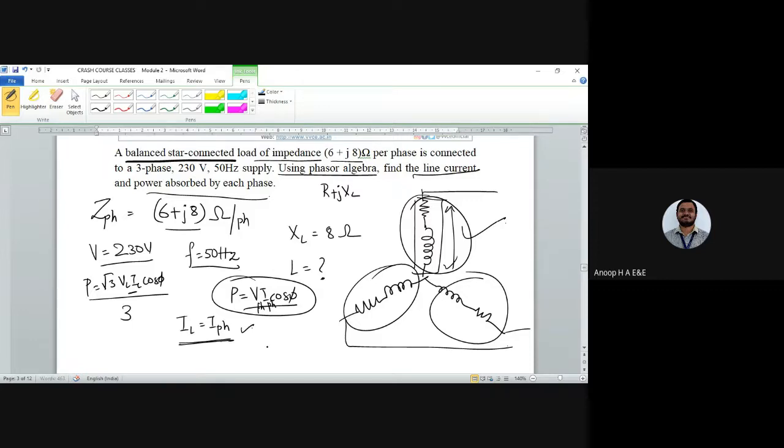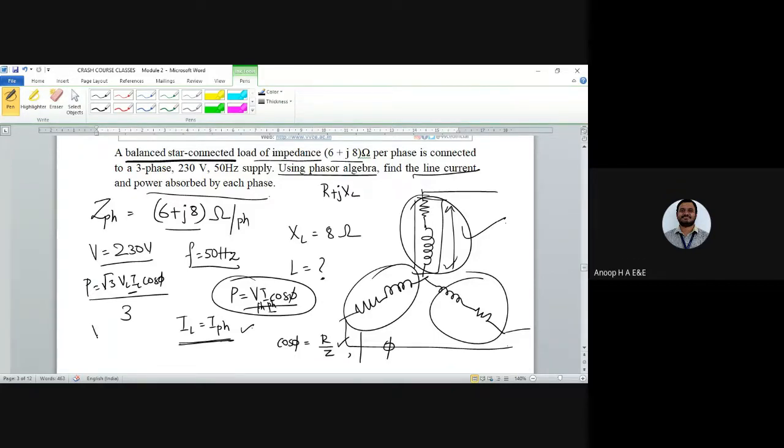Okay, got it. So you are having a three-phase network here where we will be finding out IL equals IPH, and Z would be 6 plus J8 ohm. Got it. So what you can do here is find out cos phi as R by Z. Next, after cos phi, you can find out phi, and then you can find out IPH.